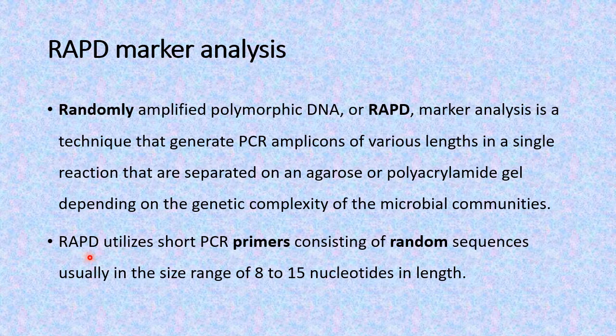So our RAPD analysis uses primers which are normally decamers. They may be from 8 to 15 nucleotides, but the most frequently used oligonucleotide is the decamer sequence.